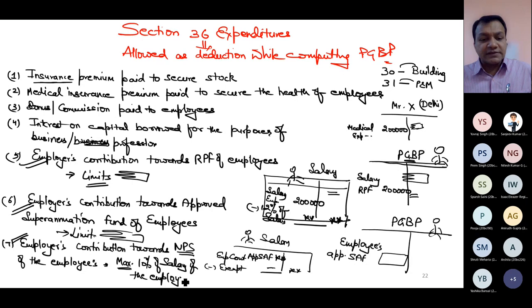In the earlier cases, I was saying that you have to theoretically assume that the limit is fulfilled. But now you have to manually check whether whatever the employer is contributing towards the NPS of the employee is within 10% of the salary or more than 10%.